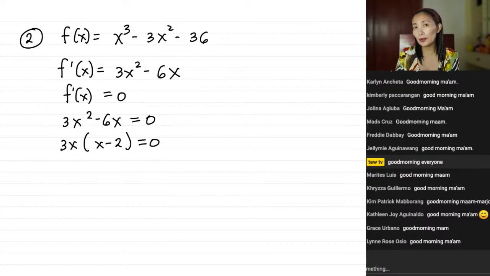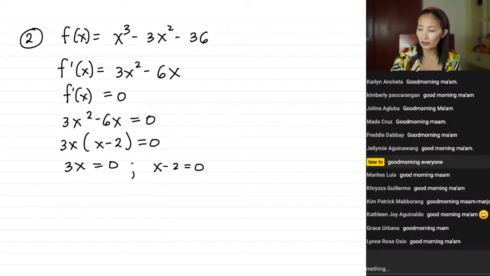By zero product property, we equate each factor to 0 to solve for x. 3x equals 0, and x minus 2 equals 0. From here, we can now find x values. x is equal to 0 and x is equal to 2.